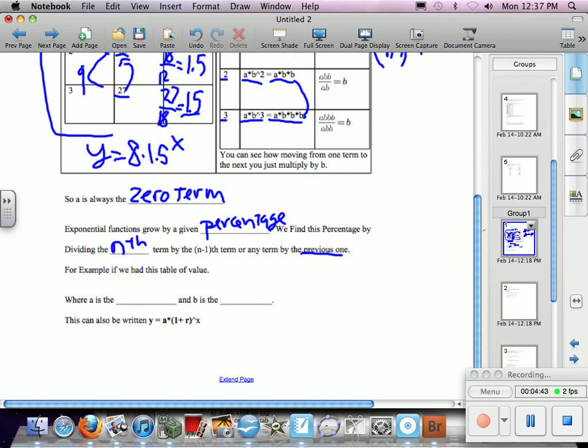For example, and then we have that example up there. A is also synonymous with the start amount, and b is the constant multiplier, or the percent change.